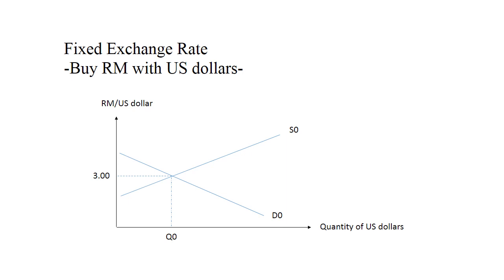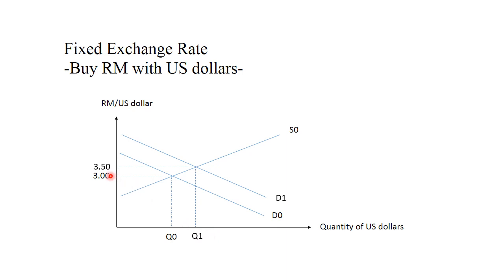This will cause the demand curve to shift to the right, from D0 to D1. You can see that the new equilibrium is here. The exchange rate will increase from 3 ringgit to 3 ringgit and 50 cents, and the quantity also will increase from Q0 to Q1.